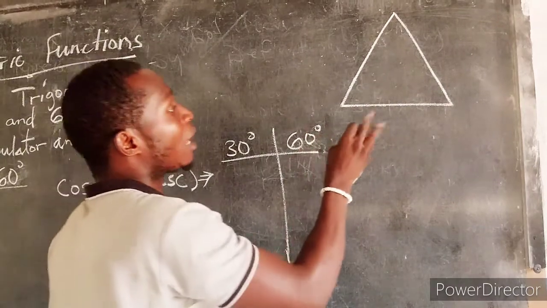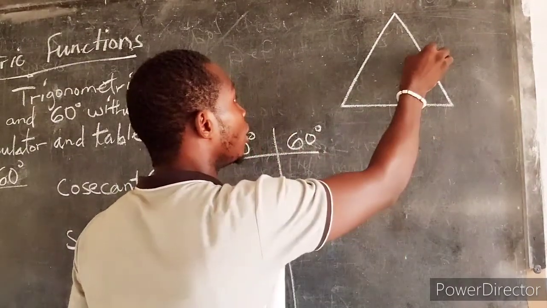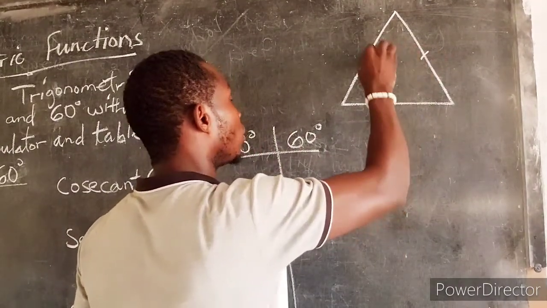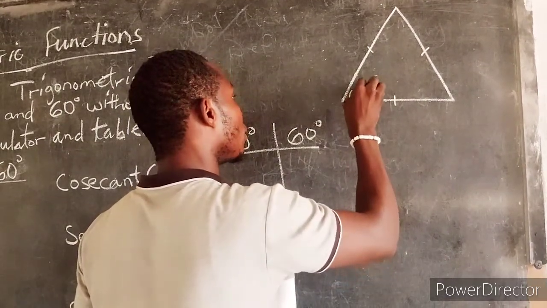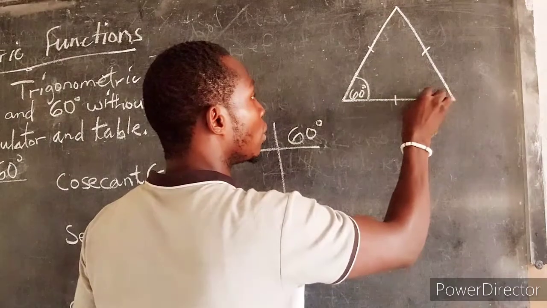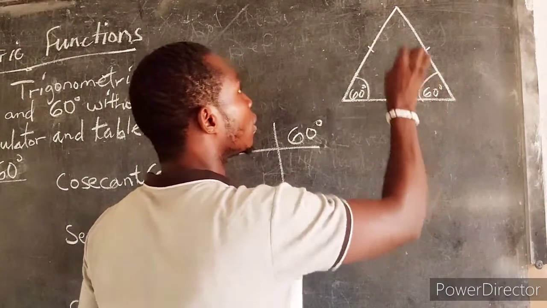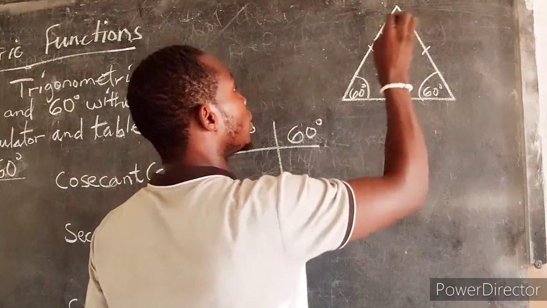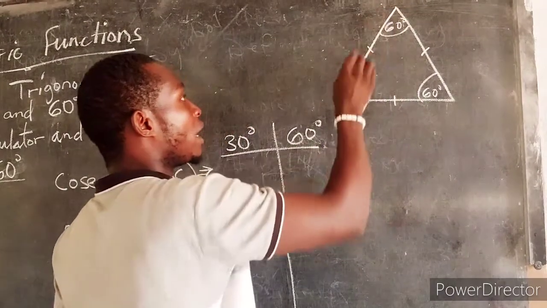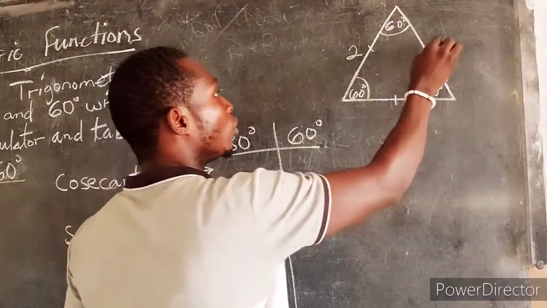This is not drawn to scale anyway. This is 60 degrees, 60 degrees, 60 degrees. So the length of each side we say is 2, 2, and 2.